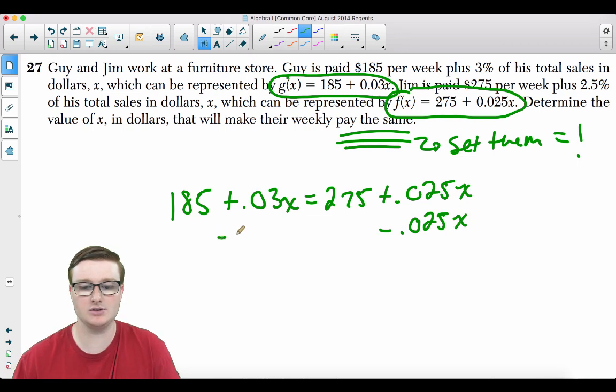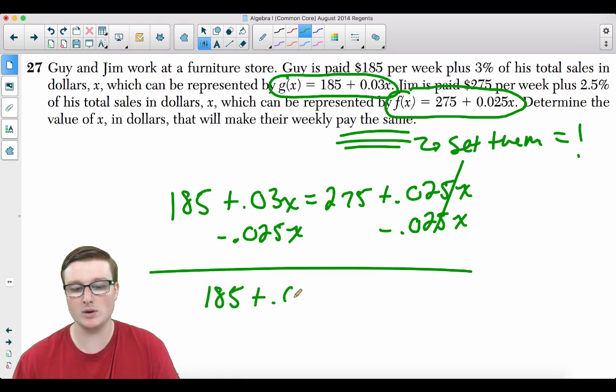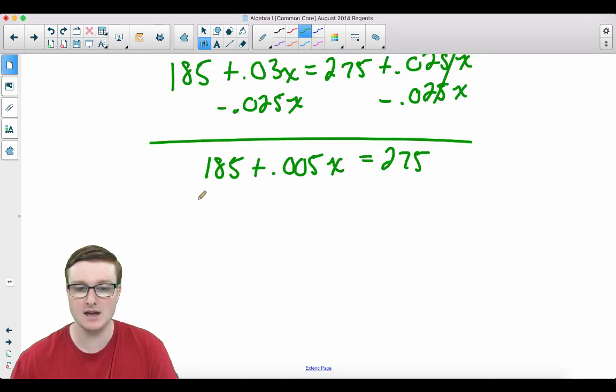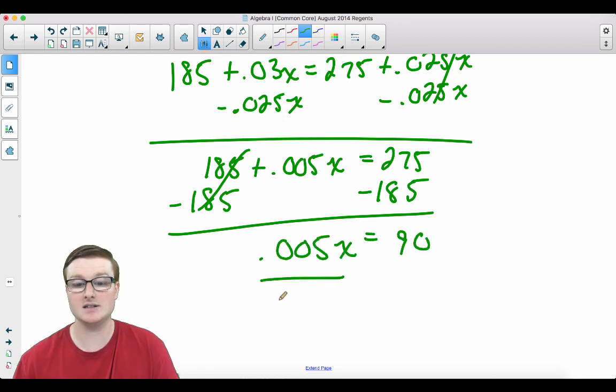You get 185 plus 0.005x is equal to 275. Subtract the 185 on both sides. You get 0.005x is equal to 90. And then divide by 0.005 on both sides.